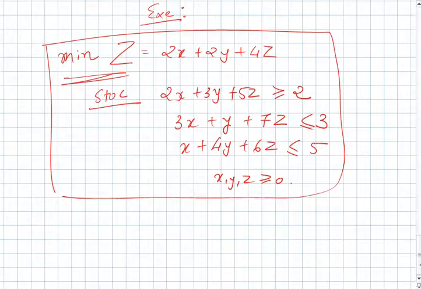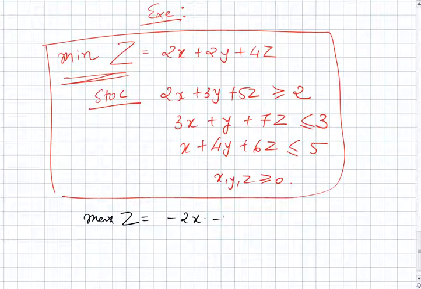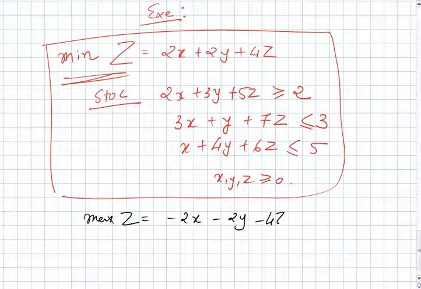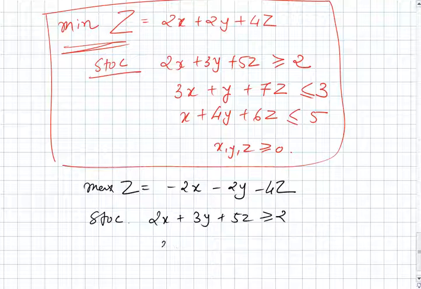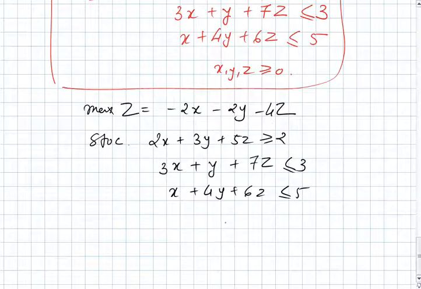So first of all, your problem will be converted like this: maximize z equals to minus 2x minus 2y minus 4z, subject to the constraints 2x plus 3y plus 5z greater than or equals to 2, 3x plus y plus 7z less than or equals to 3, x plus 4y plus 6z less than or equals to 5, and x, y, z greater than or equals to 0.